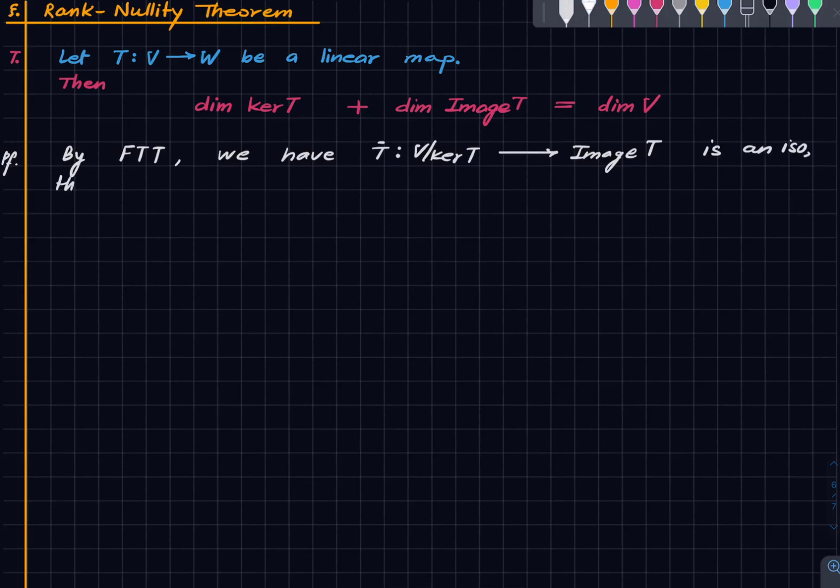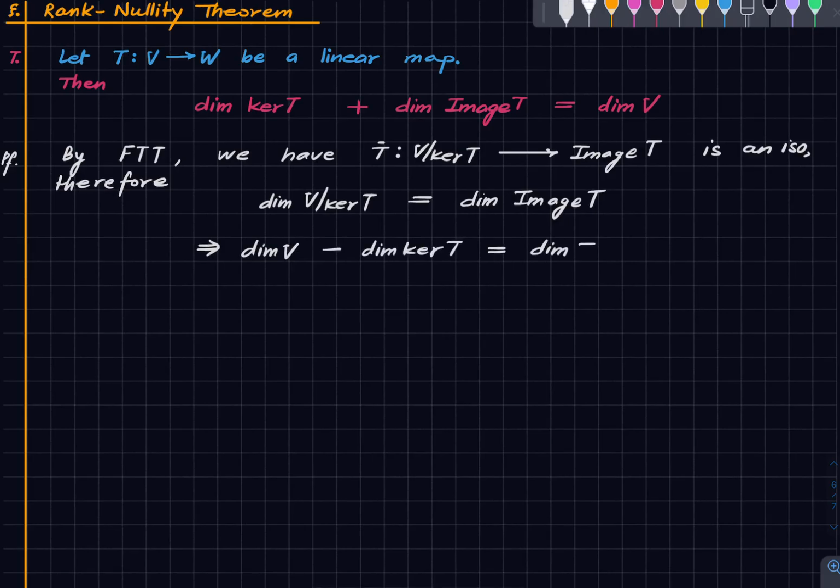Therefore, we have the dimension of this quotient is the dimension of the image, because isomorphisms preserve dimension, as we recalled. And we know that the dimension of the quotient space is this. And now just shuffle things around to get the desired equality.